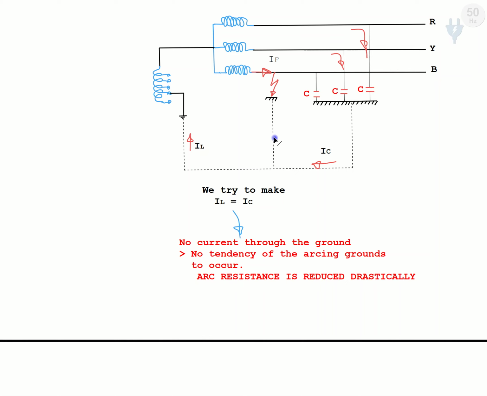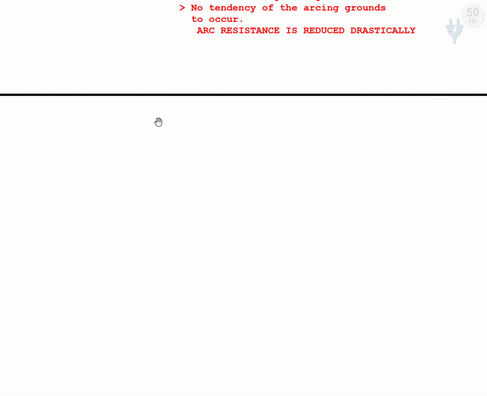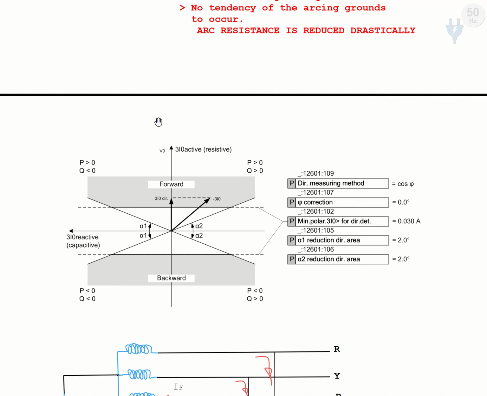That is the resistive current, which decides the type of the fault and the amount of fault current that flows. So for systems with suppression coil grounding, we need to have our system configuration or correction angle like this.